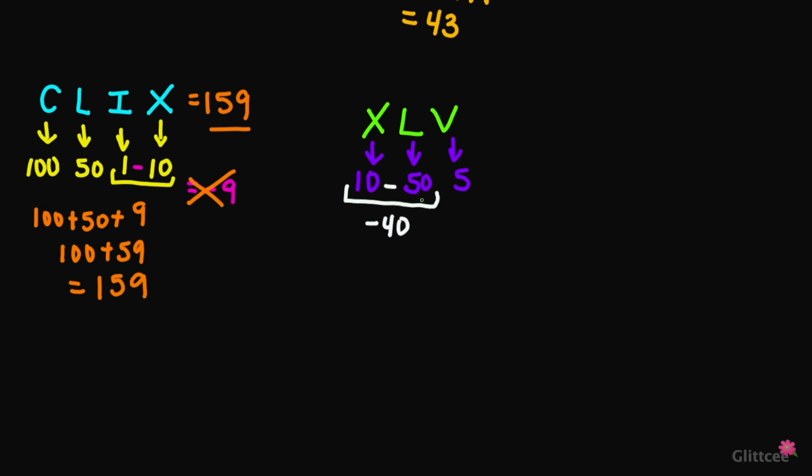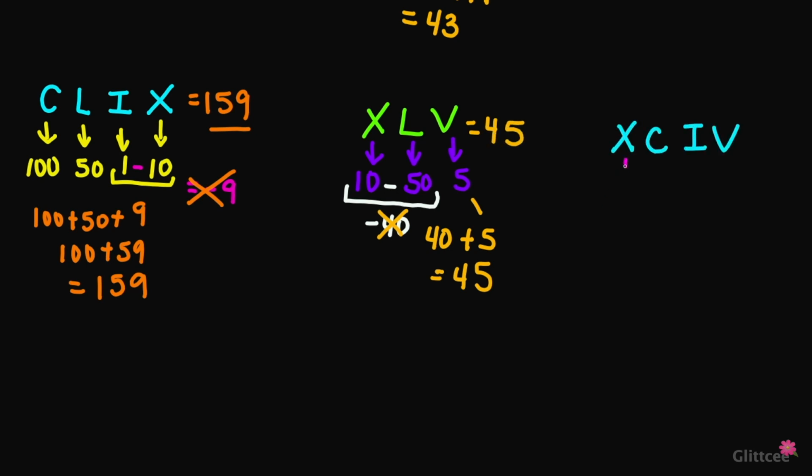Remember, you do not want the negative 40, so I'm going to cross that out, get rid of this. So I do want the 40 though, I'm taking the opposite, and then plus 5, which is here. So this is going to be 45, okay? So XLV equals 45.